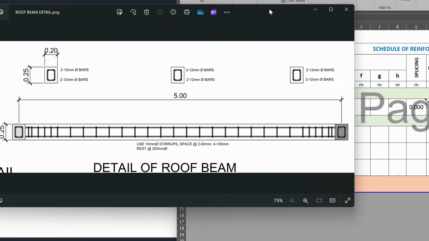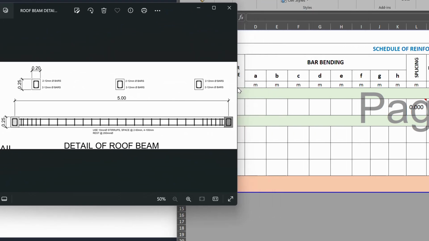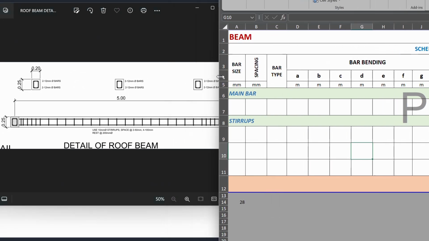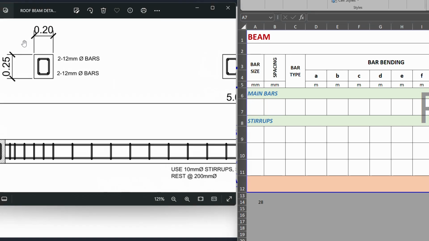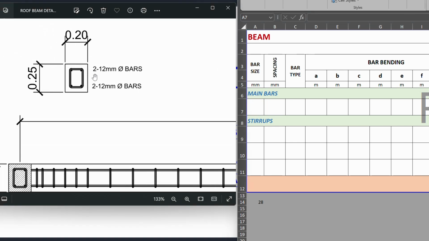So let's start. I will minimize this in the Excel file. For our schedule of bars, we have to estimate the main bars first. Main bars, you just do the main bars first because there are many of them. As we can see, it says 2, that's 12 mm diameter bars.